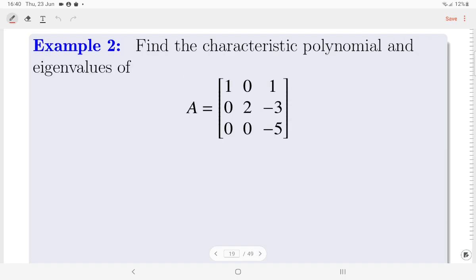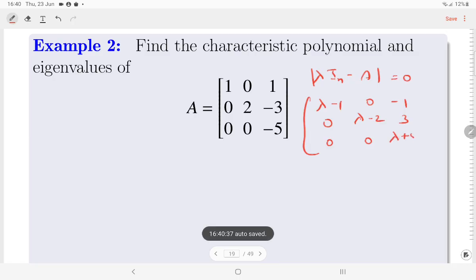So let's quickly try to find the characteristic polynomial and eigenvalues of this matrix. For the characteristic polynomial, I must consider the determinant of lambda In minus A equal to 0. So only diagonal entries would change. So lambda minus 1, then 0 and minus 1, then 0, then lambda minus 2, then 3, then 0, 0, and lambda plus 5 is equal to 0.